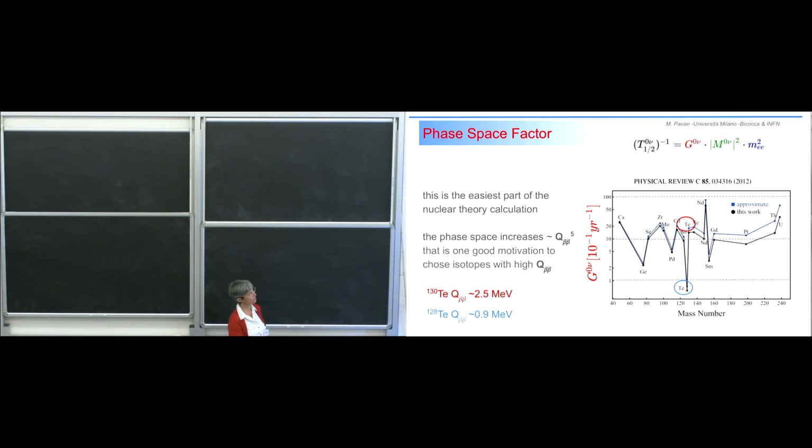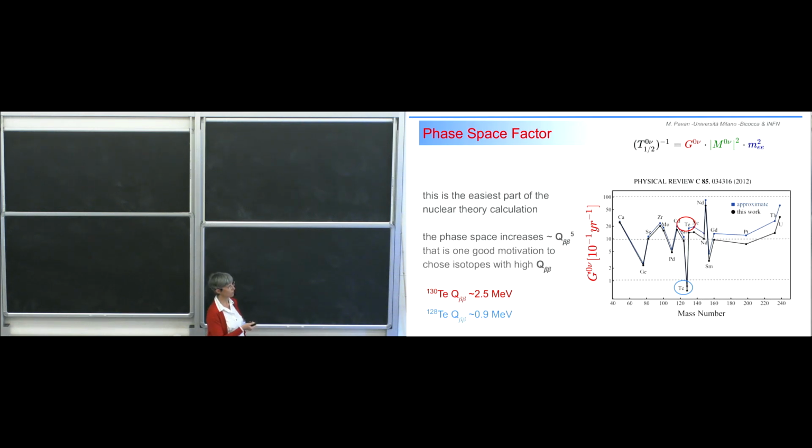And you see what the point is. If you want to look for a decay, you want to be able to see events that correspond to this decay. And what we will see is that this half-life is extremely long. Therefore, you would like to choose a candidate that gives you some chance of seeing the decay.